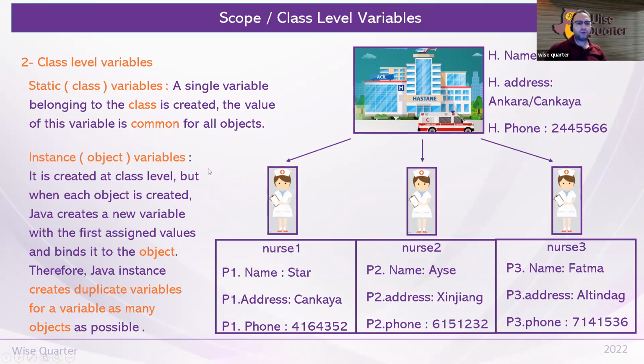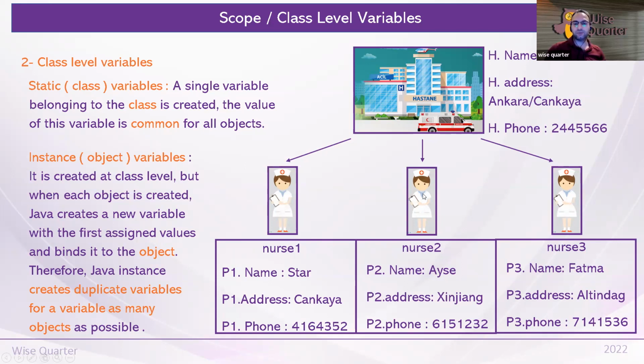When you create an object variable, the system will create a duplicate variable for each object. When you create the first person and a name, it will belong to nurse one only. The name will belong to the first person, this nurse.